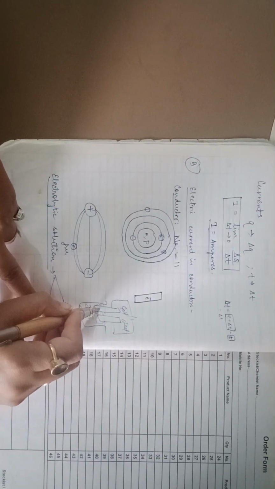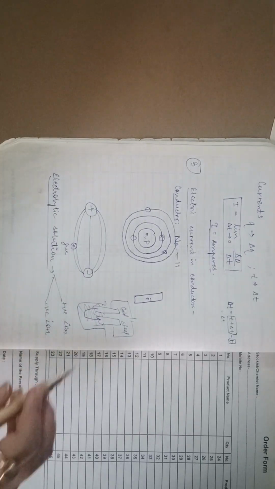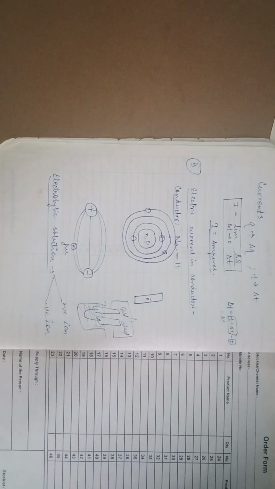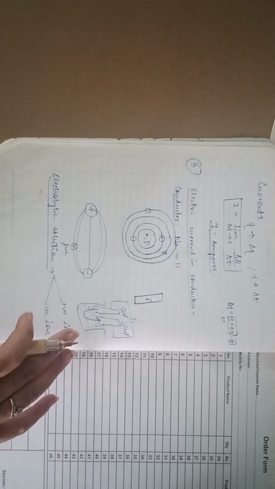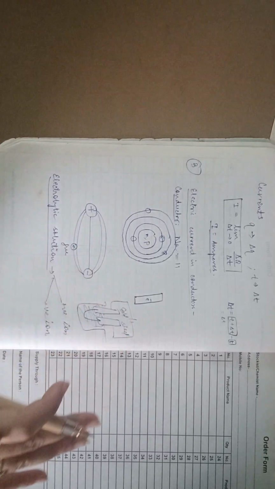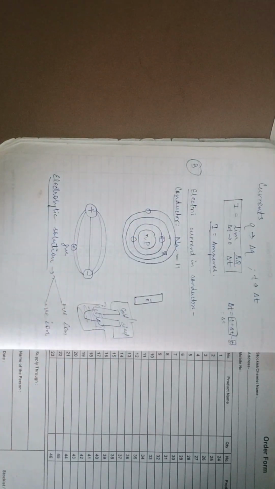It will move from here, go into the solution, and get deposited on the steel. So in this way electroplating occurs. So in electrolyte solutions, both positive and negative ions participate. But in case of solid conductors, only free electrons take part. So we have seen sodium, calcium, these are some of the metals.